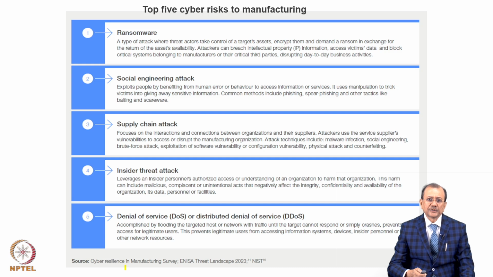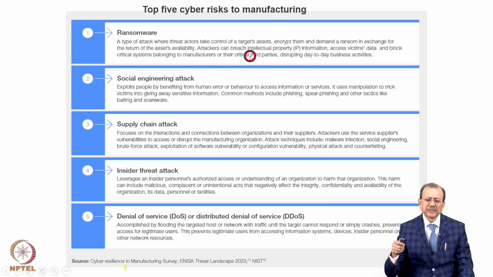This slide shows the kind of cyber risks there are for the manufacturing industry, and equally there are risks for other industries like retail or healthcare. These are very common risks, like ransom attacks, where threat actors take control of a target asset.